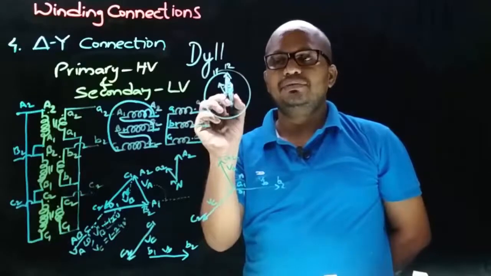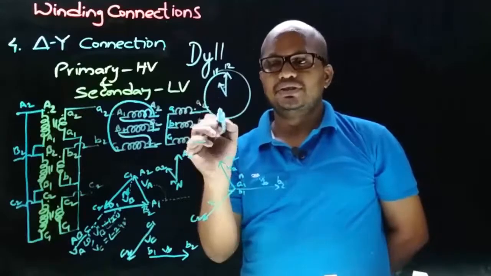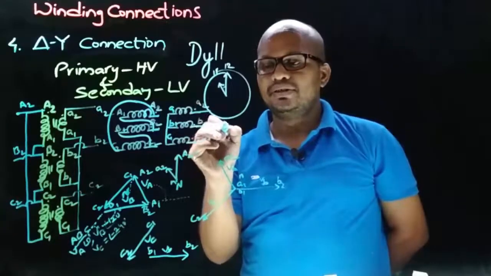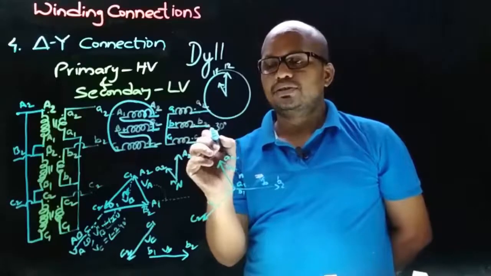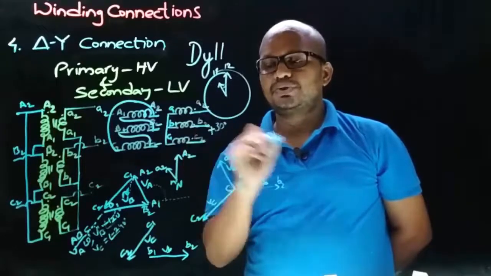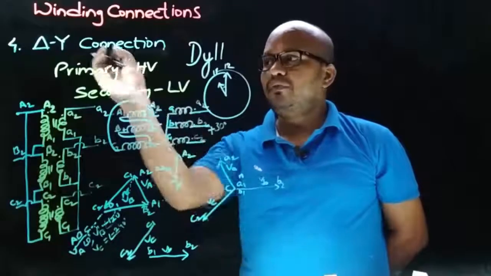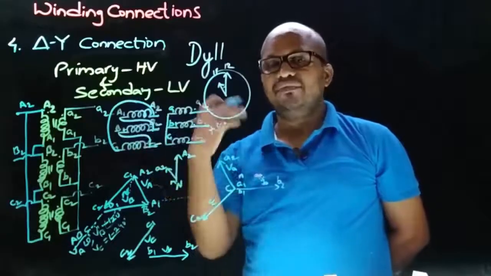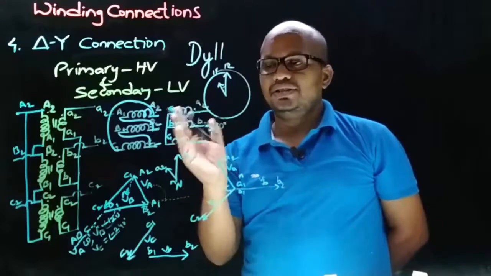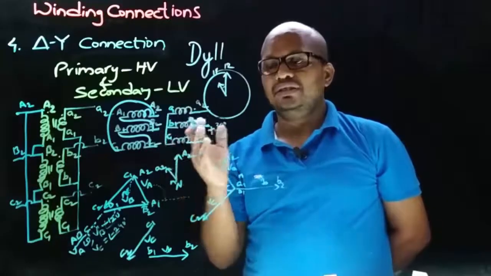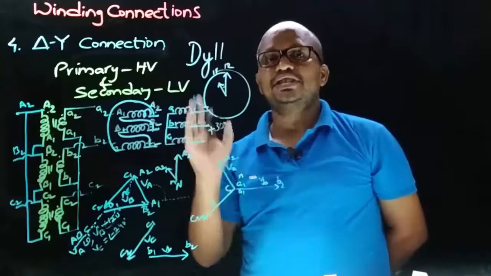And here the angle between the minutes needle and hours needle is 30 degrees, and as the angle is measured anti-clockwise, it is given a positive sign. Therefore, for this type of delta star connection, we are getting a phase displacement of plus 30 degrees. That is, with this connection we are having 30 degrees lead phase displacement.